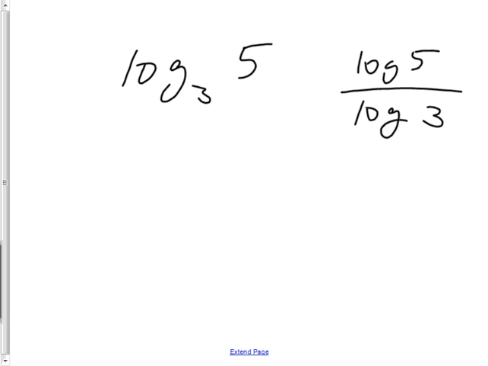Get what just happened there? It's almost as if I drew a line right there and said another log. Log 5 over log 3. And then when you do that, you're doing base 10, because if there's no number here, there's a little 10 there, really. That's the only one your calculator can do. Actually, it can also do base E, but you're not going to learn about that till tomorrow. So for right now, we'll just do log base 10s.